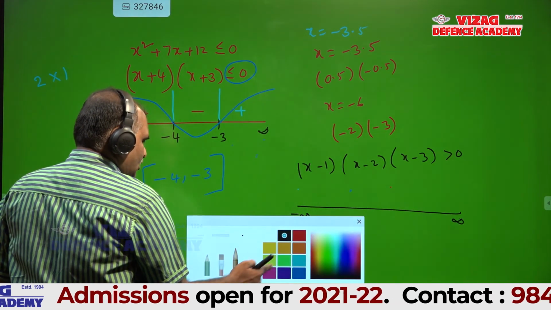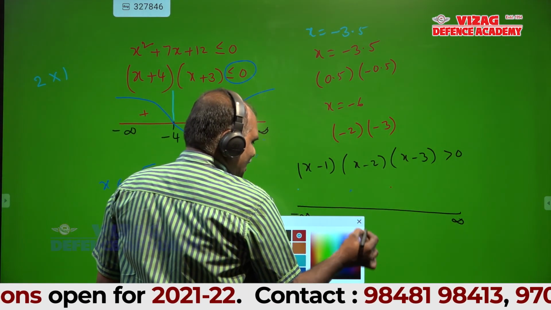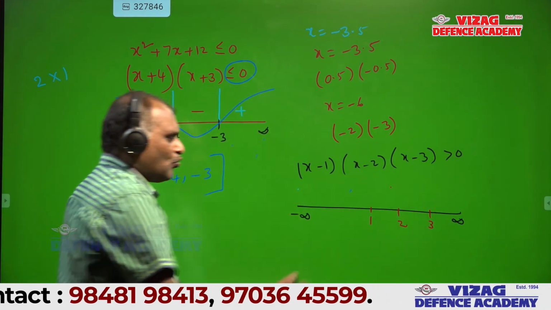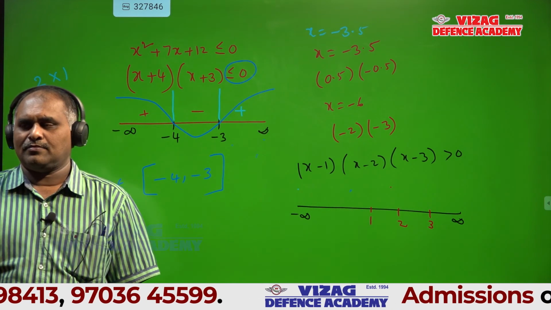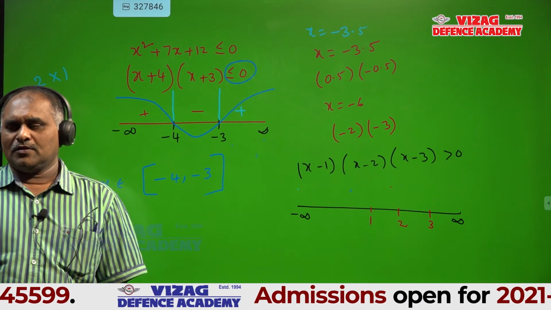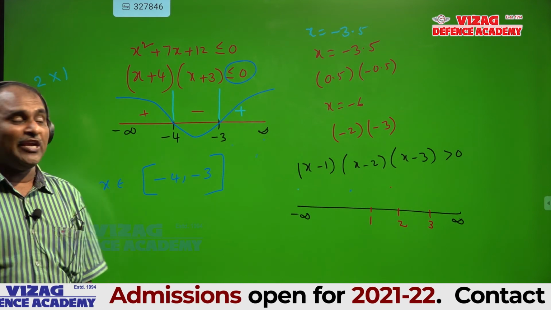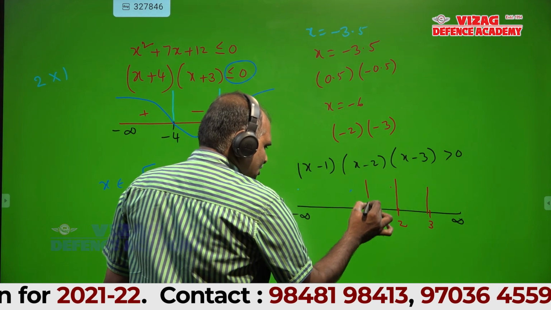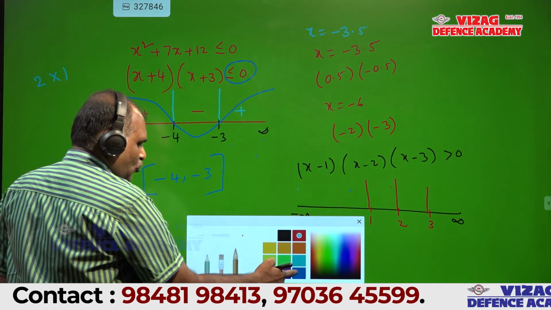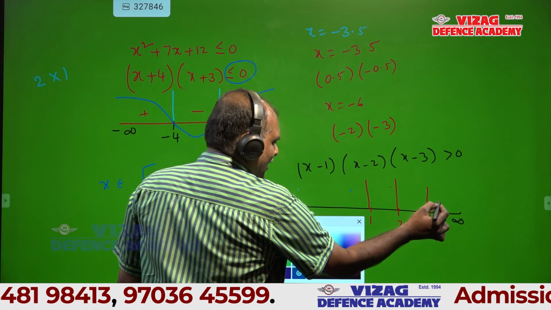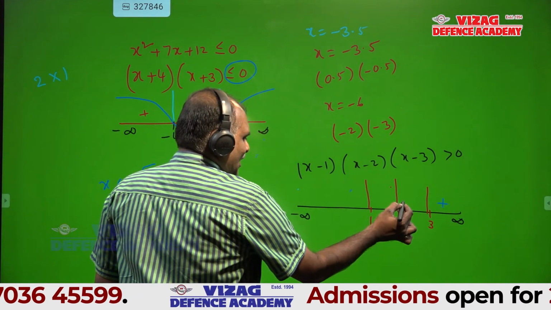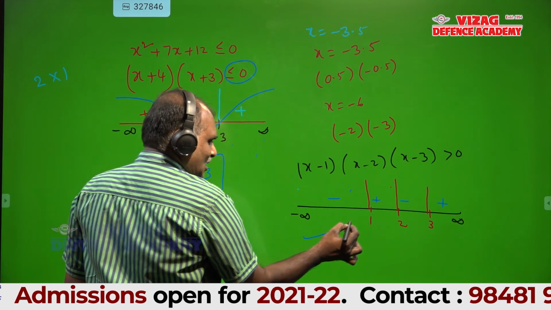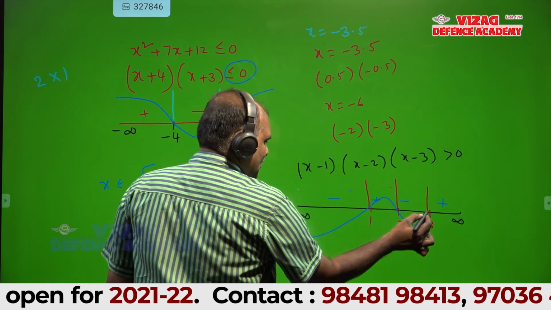Here 1, here 2, here 3. What is the last interval? 3 to infinity, positive. Next, negative, positive, negative. The graph is like this.